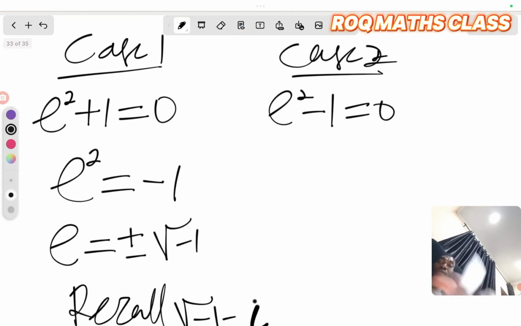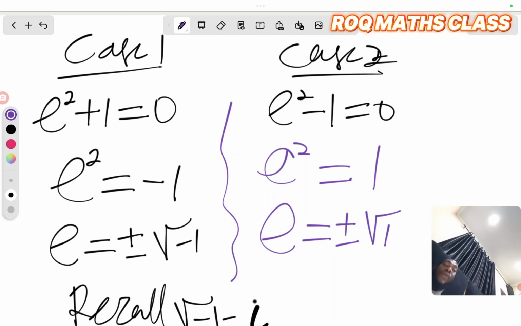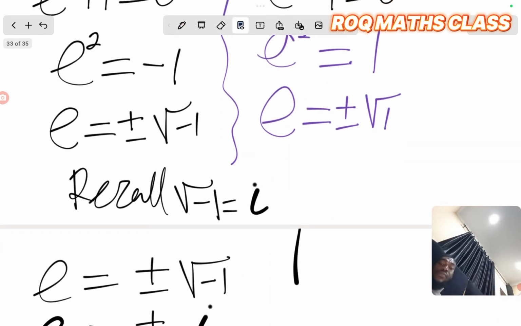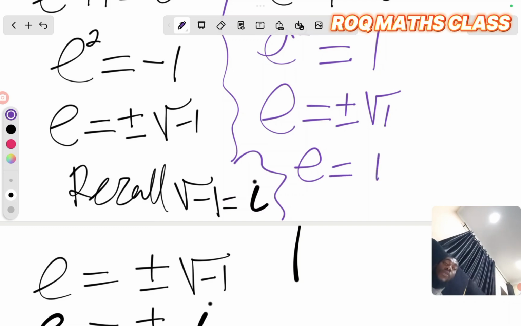This is our case 2. In this case 2 now, what do you have? We have e squared is the same thing as 1. Then e is now plus or minus the root of 1. So therefore, the value of e is going to be plus or minus 1.